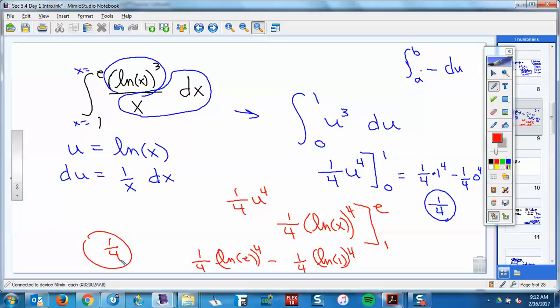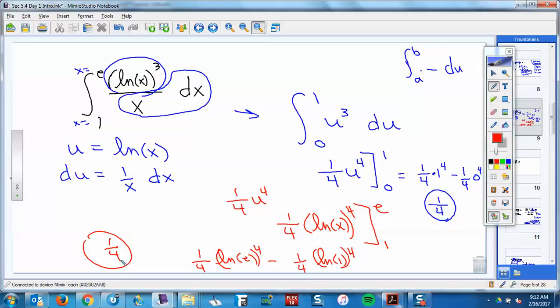But you're still going to end up plugging the e in there and the 1 in there, which you did up there too. So it's not really shorter one way or the other. But you should get the same answer. But there are going to be multiple choice questions on the AP test where you have to figure out what would be the new limits, what would be the new u numbers. So you're going to have to know what that means. You're going to have to understand what they're talking about.